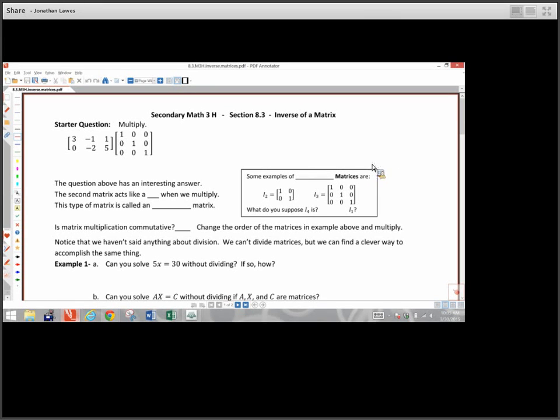Sign associated with this position. Negative. Cross out the row and the column. Negative 6. So minus 6. So I'm going to erase the negative and just write a positive 6. Sign associated with this position. Careful, positive. Cross out the row and the column. It's going to be a 7. Everybody good there? Okay, pretty simple.